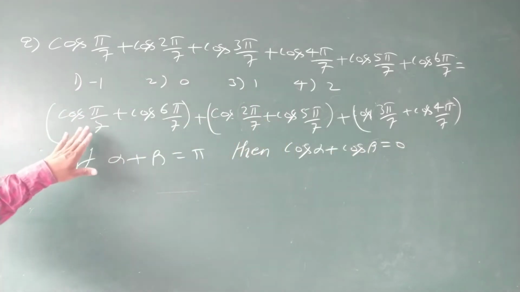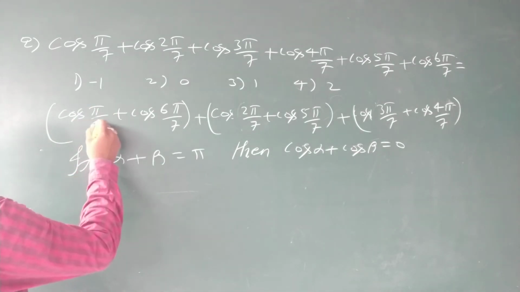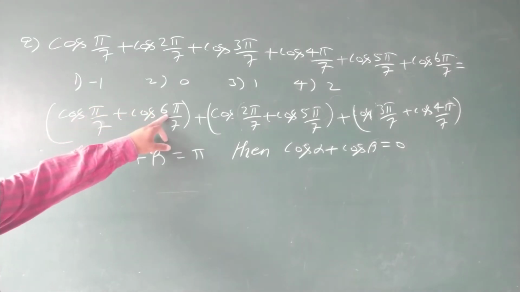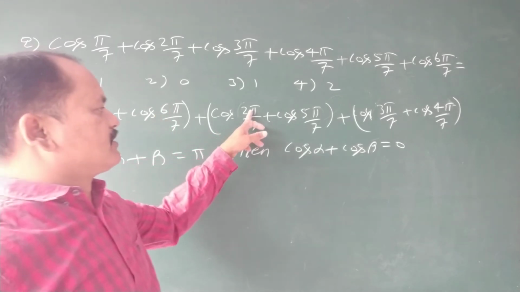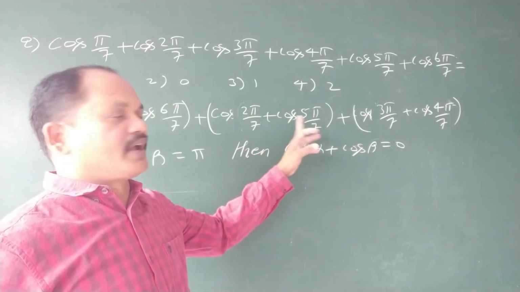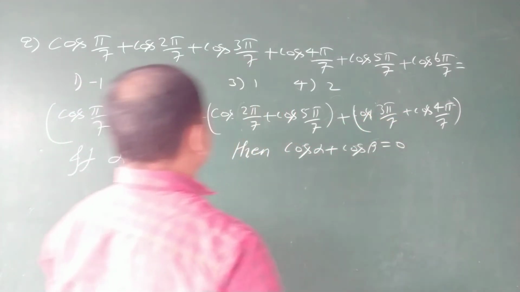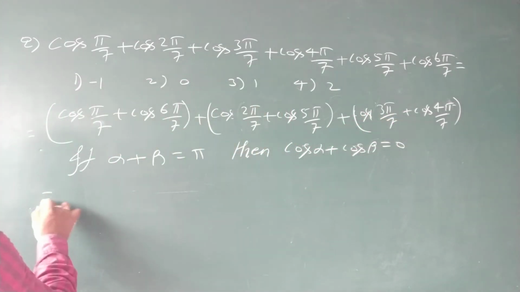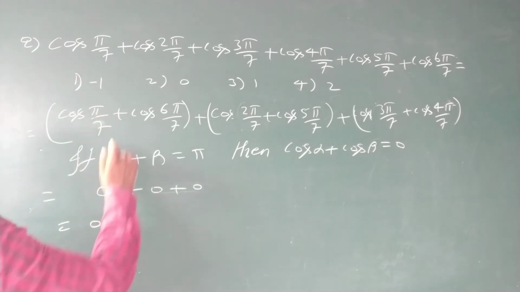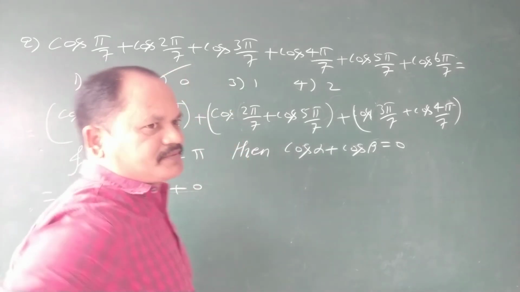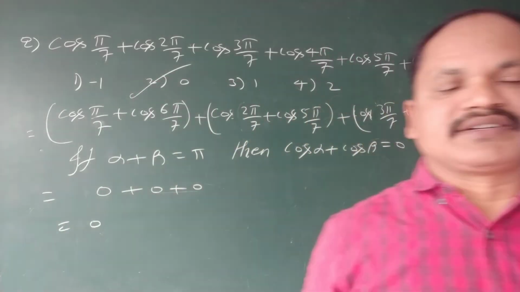Observe, pi by 7 plus 6 pi by 7 is 7 pi by 7, which means pi. Here also 2 pi by 7 and 5 pi by 7 sum to pi, and the same holds for the last pair. That's why this bracket is 0, this bracket is 0, this bracket is 0. The final result is 0, so the second option is the right answer.